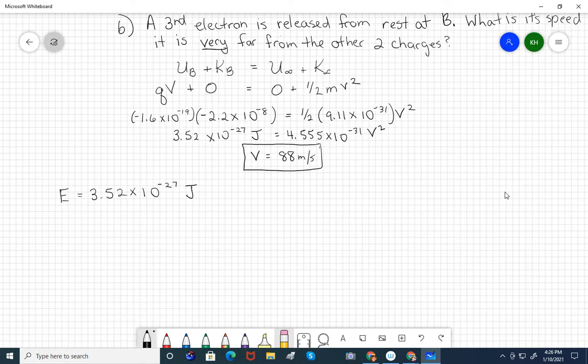We know that when a charged particle is in an electric field, it has an energy of QV. So we're going to introduce a new unit of energy, and that's the electron volt.